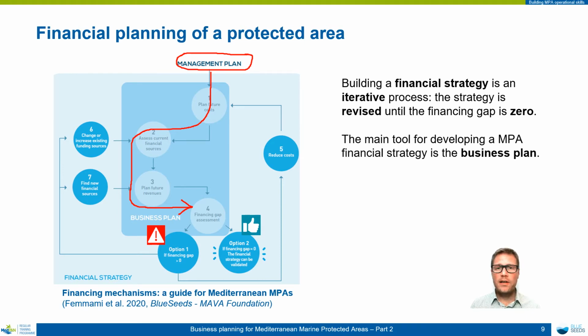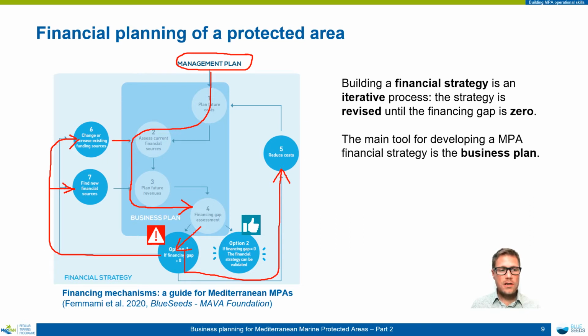Now, if the financing gap is positive, meaning you have a financing gap, well, there is the possibility to reduce your costs. However, if this is not sufficient, it is possible to change or increase your existing funding sources or find new financial sources for your MPA.